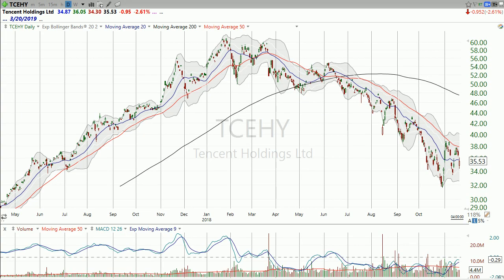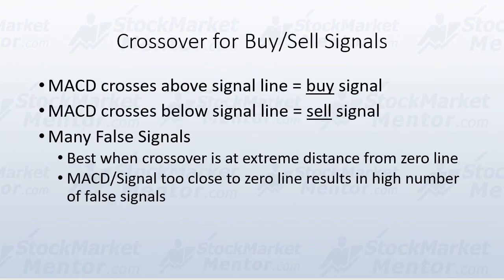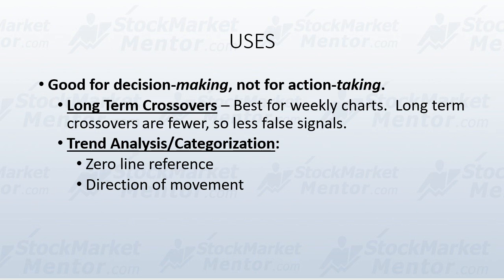You get a lot of false sell signals if that's all you are looking at. But if you stick to extreme distances for the crossovers, like stochastics, that's going to give you a better result. So MACD is good for decision making, not for action taking. It really gives you an ability to classify things.